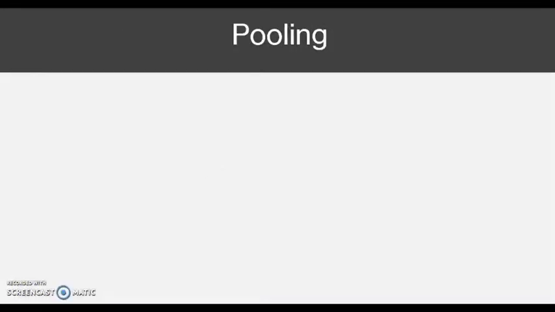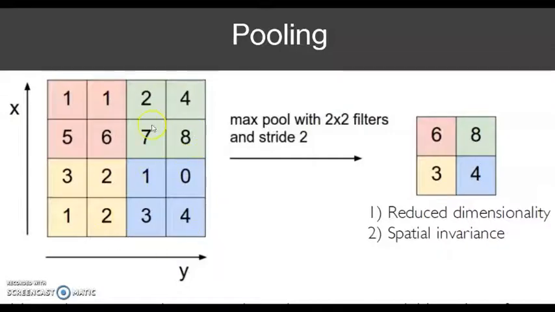Now the last thing we want to do after ReLU, before going to the fully connected neural network or fully connected layers, is called pooling. Okay, this is the pooling operation.